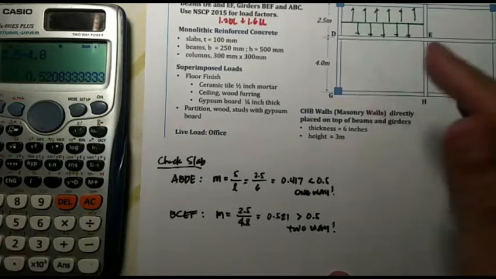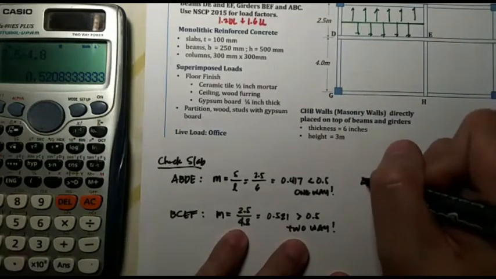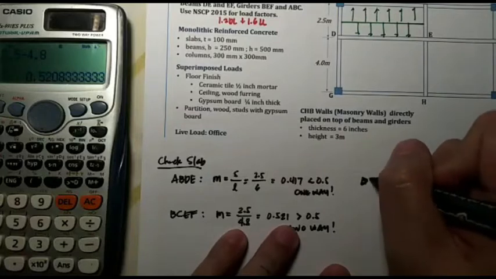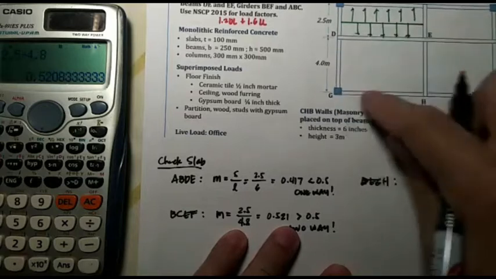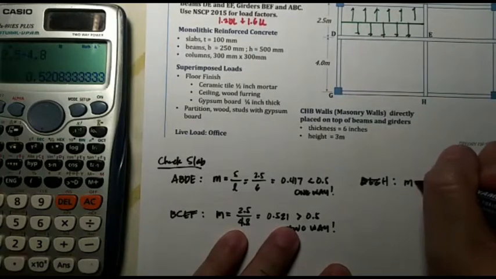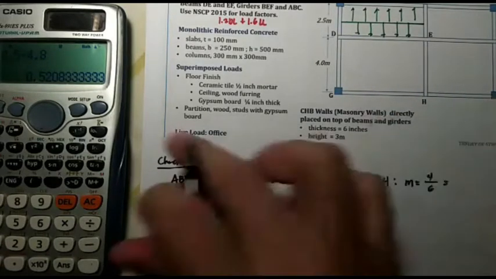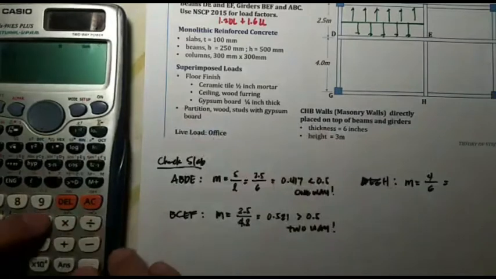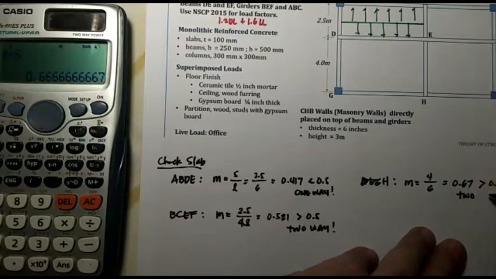Okay, how about this one? DEGH. So that is m. Shorter is 4 meters over 6. No? So 2/3. So 2/3 is actually 0.67. Okay, so that is greater than 0.5. Therefore, two-way slab din siya.